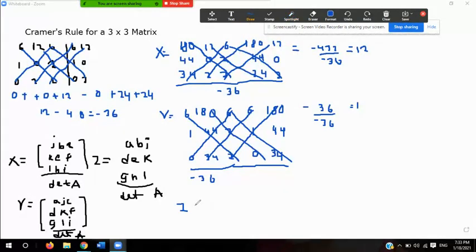Okay, so now I'm looking for z, and z is actually A, J, and C, which would be the matrix I'd be using, which would be 6, 12, and 180.